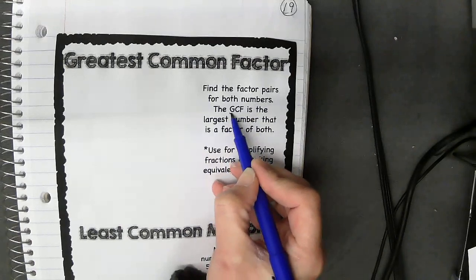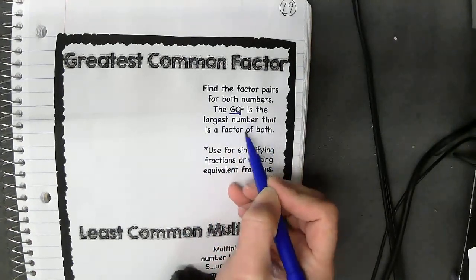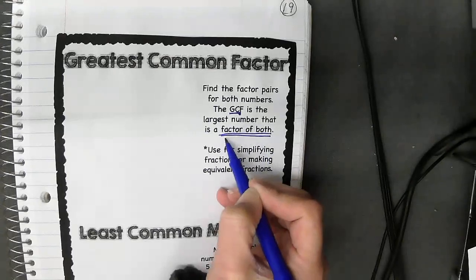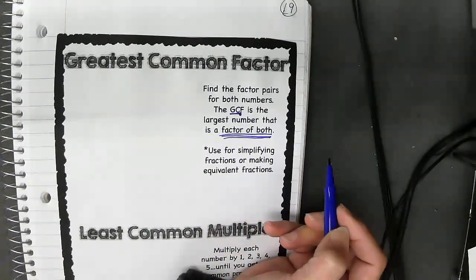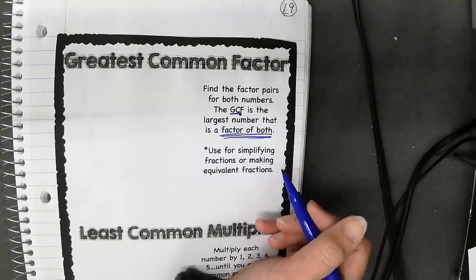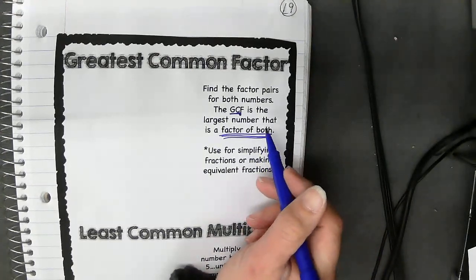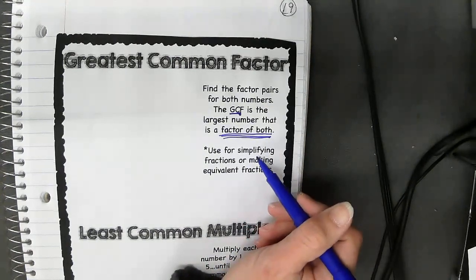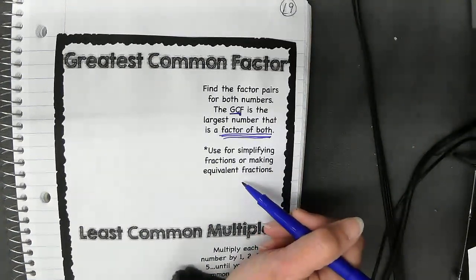And the greatest common factor, the GCF, is the largest number that is a factor of both numbers, or three numbers, depending upon if you're using more than one. But in terms of fractions, you sometimes add and subtract more than that. So greatest common factor is used when you simplify fractions or when you're making equivalent fractions, okay?